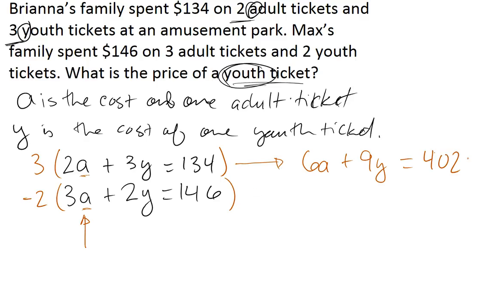And let's go and do the same thing for the second equation. When I multiply 3A times negative 2, I get negative 6A. And negative 2 times 2Y is negative 4Y. I'm just going to write that as a minus 4Y. And then I've got negative 2 times 146.